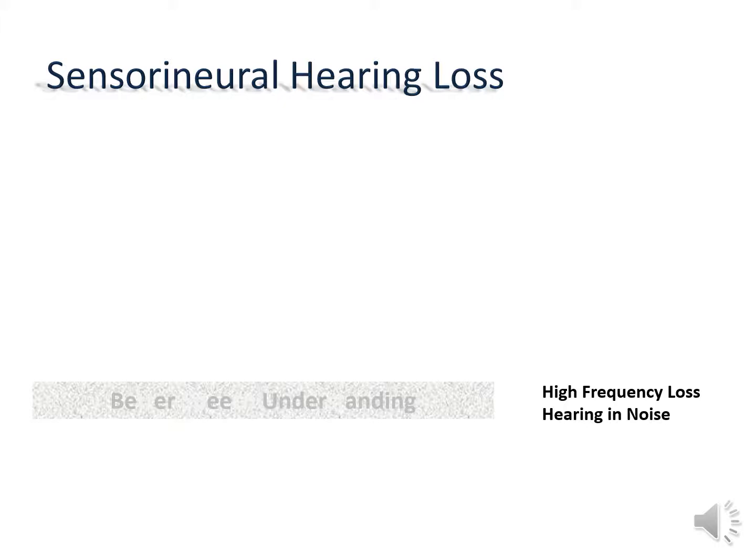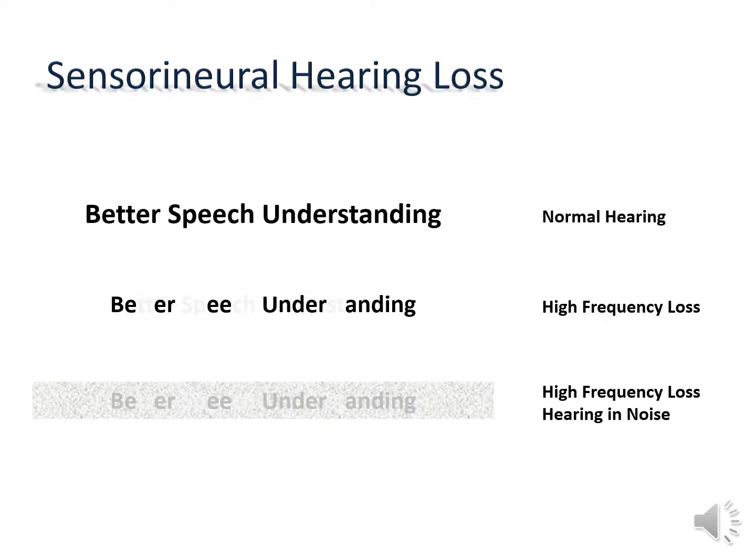Can you read what that says? Let's take away the noise, and you notice it's still very difficult to read. And now this is an illustration of normal hearing, better speech understanding. That is exactly how a sensorineural hearing loss works.